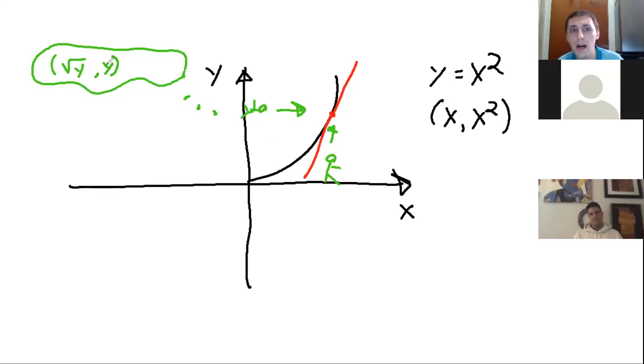So he's saying the first coordinate is the square root of where I stand. So he is seeing this curve, because this is his horizontal. He is seeing the curve x equal to root y. Okay, does it make sense?